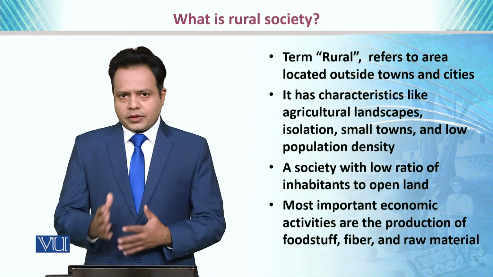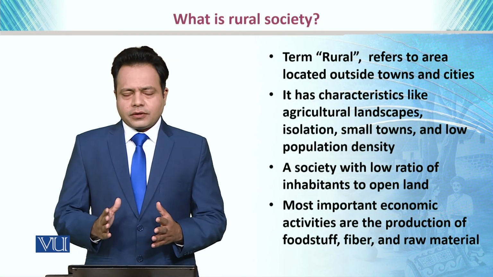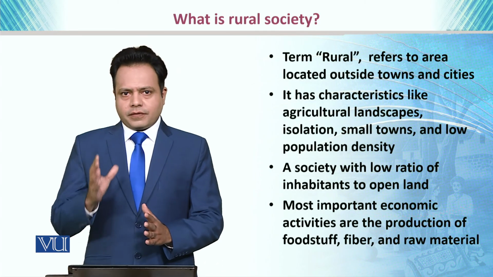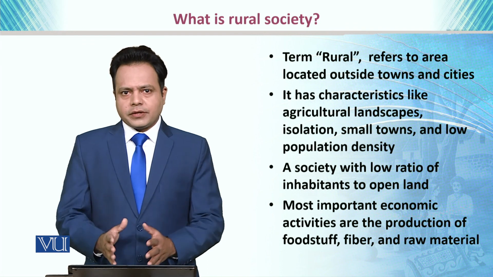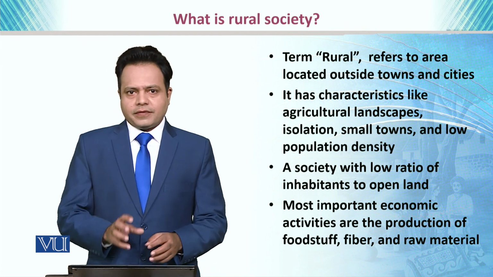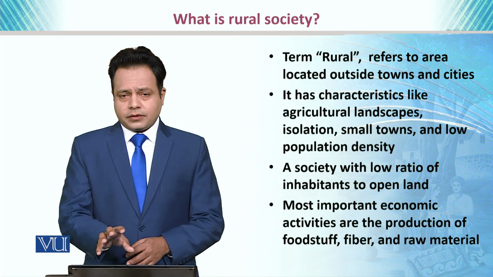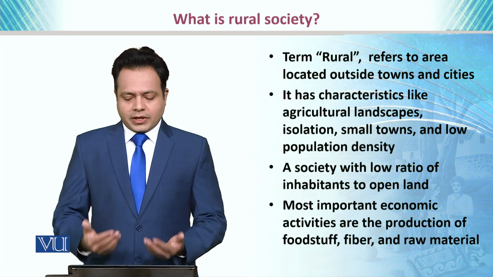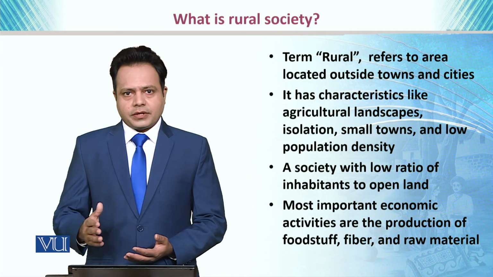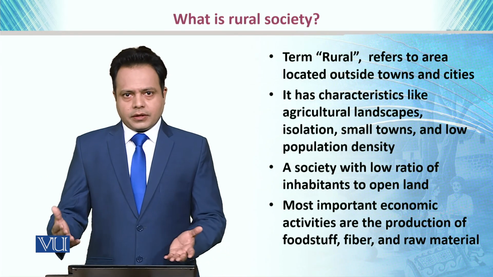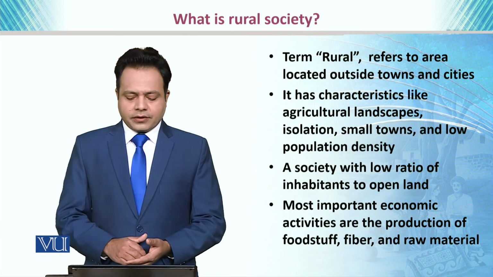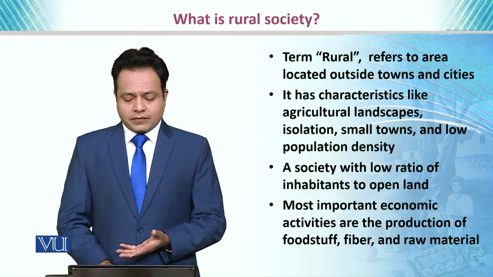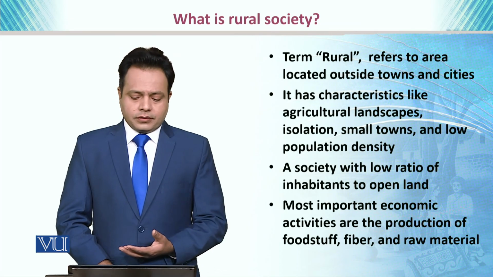So when we talk about these characteristics, there is not a consensus on where we can define the limit based on which we can identify that this can be considered particularly a rural society in comparison to urban one. So the society with low ratio of inhabitants, which can be dwelling in a very open land, or maybe most economic activities that are the production of foodstuff, fiber, or raw material.